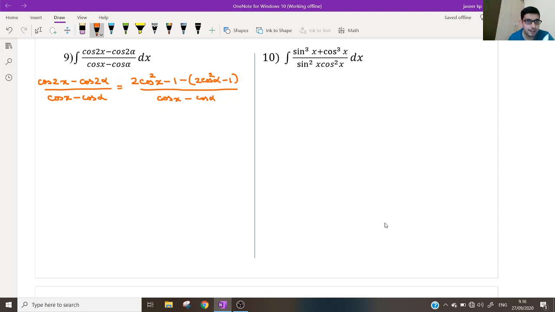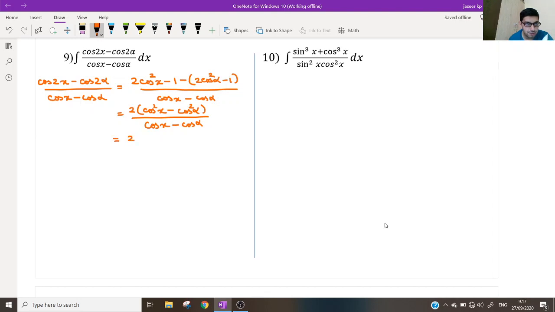So here we will get it directly instead of writing cos square x minus sin square x. If you write 2 cos square x minus 1, the numerator will have minus 1 plus 1, which gets cancelled. So it will become 2 times cos square x minus cos square alpha, divided by cos x minus cos alpha.